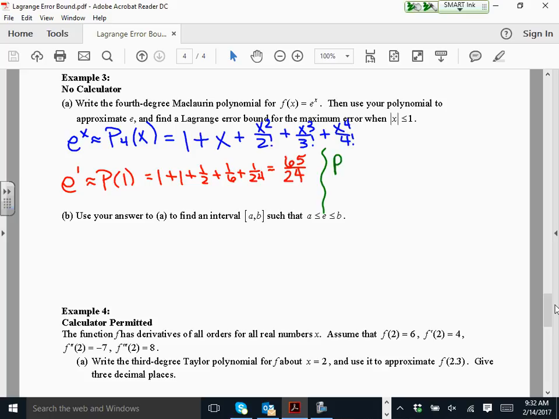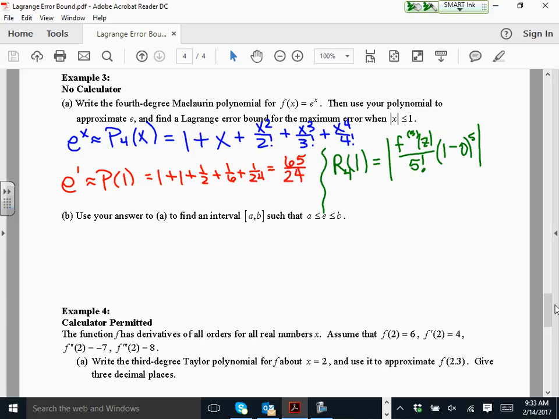Our remainder for our fourth degree polynomial at 1 is going to have to be the max of the fifth derivative over 5 factorial times x minus c to the fifth, right? We wouldn't necessarily have to write the minus 0, but we're centered at 0. Okay, so we do not have our calculator.